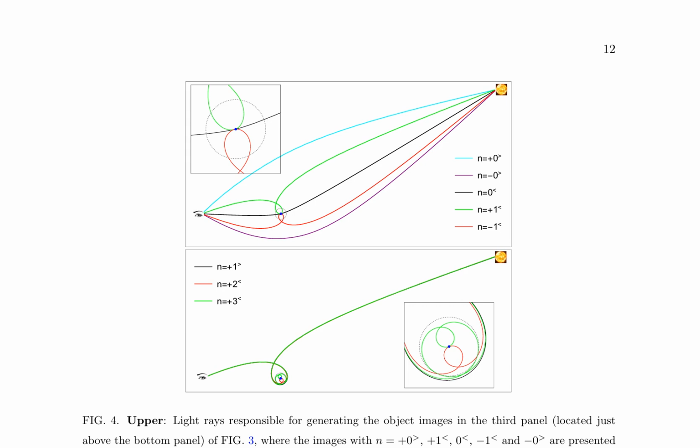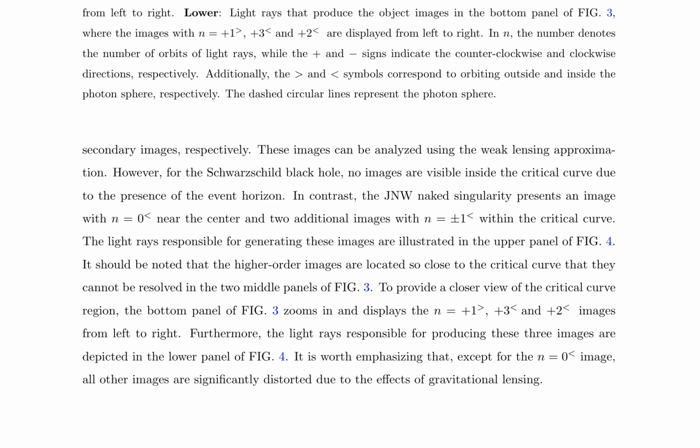The figure emphasizes the significance of the photon sphere and the event horizon in determining image visibility. For the Schwarzschild black hole, no images are visible inside the critical curve due to the event horizon, whereas the JNW naked singularity presents an image with n = 0< near the center and two additional images with n = ±1< within the critical curve.